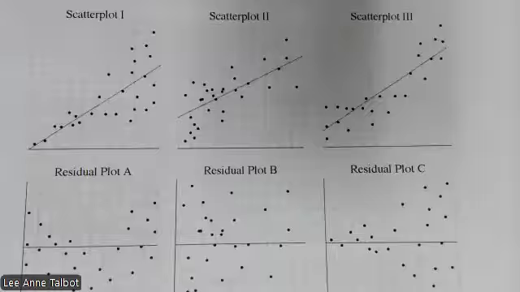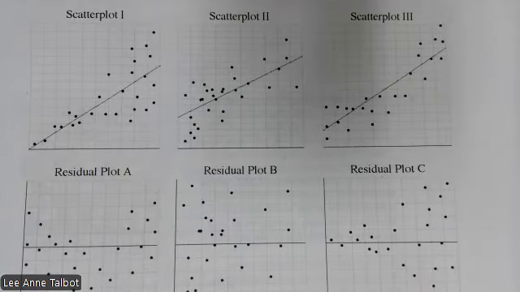And this is an actual problem in the book. And you were supposed to talk in your groups for 10 to 15 seconds about which scatter plot goes with which residual plot after what I just told you. See if you can match which scatter plot goes with which residual plot.